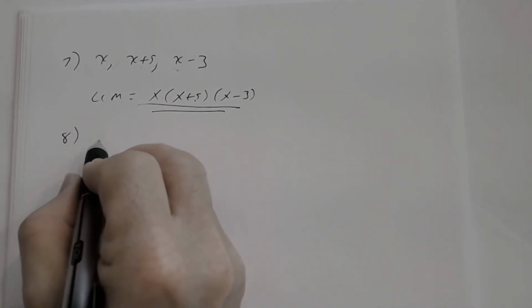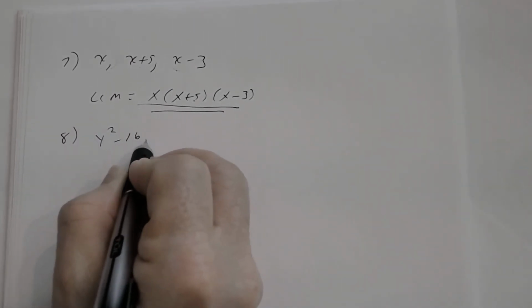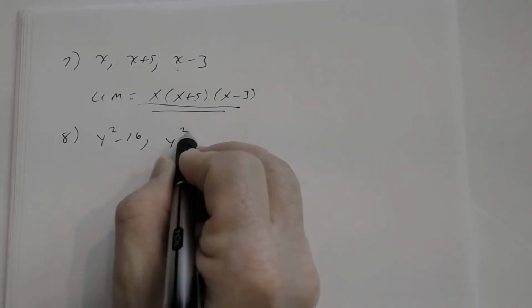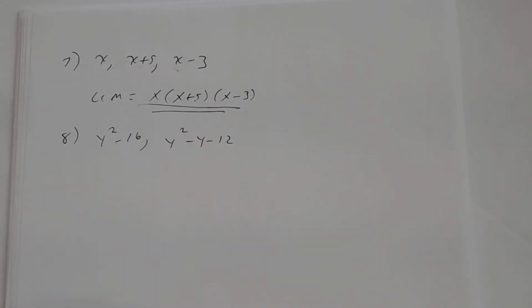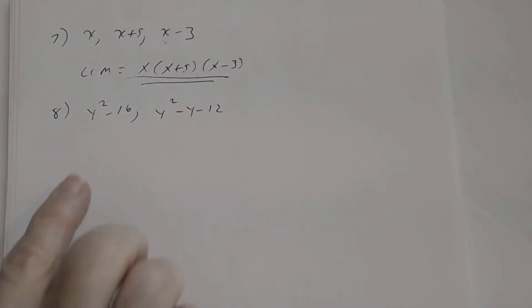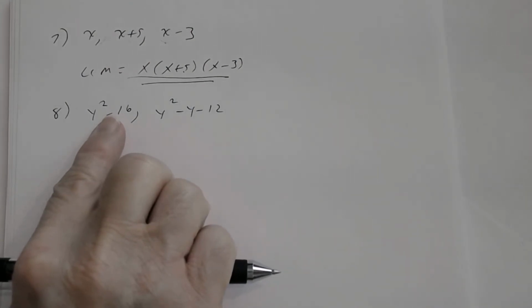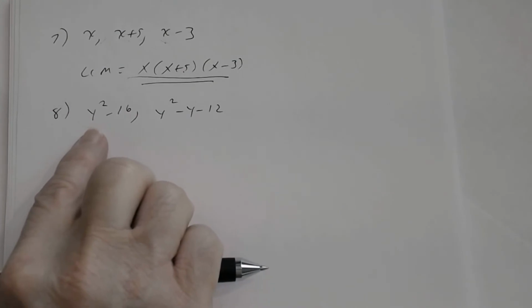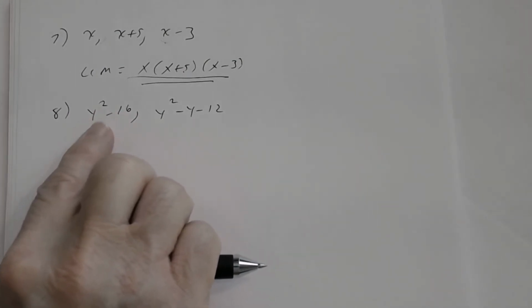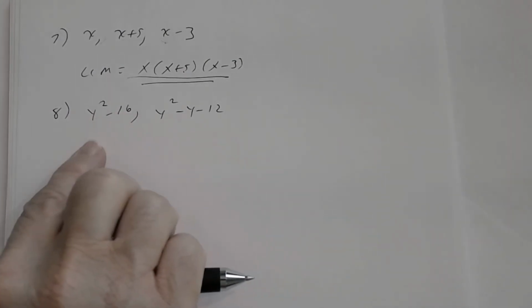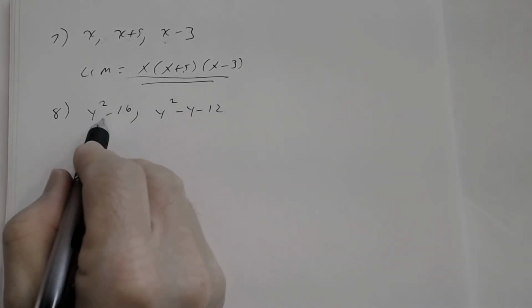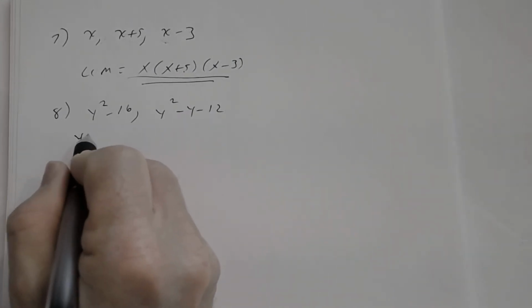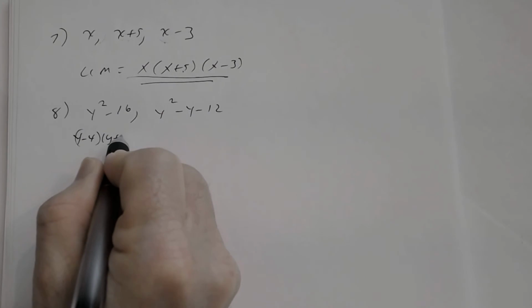Number 8, let's suppose we had y squared minus 16, comma, y squared minus y minus 12. Okay, now listen carefully. In finding the least common multiple, you need to make sure that these polynomials are factored, okay? So when I factor this, that's going to be y minus 4 times y plus 4.